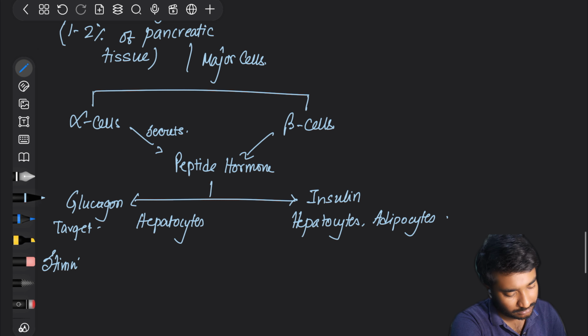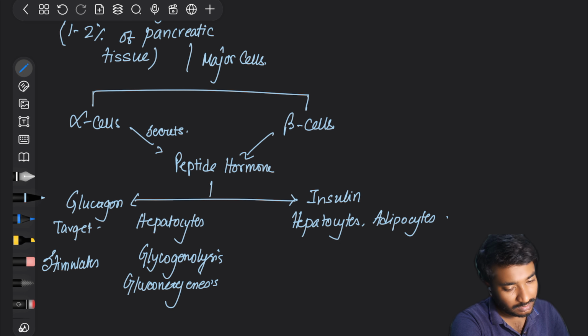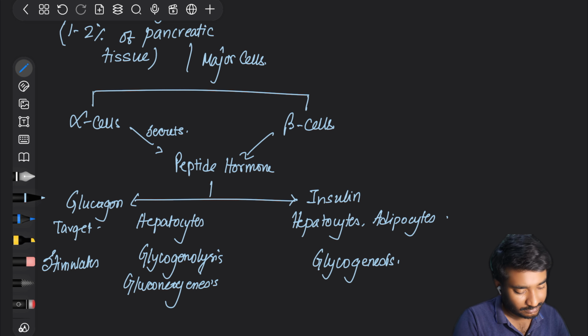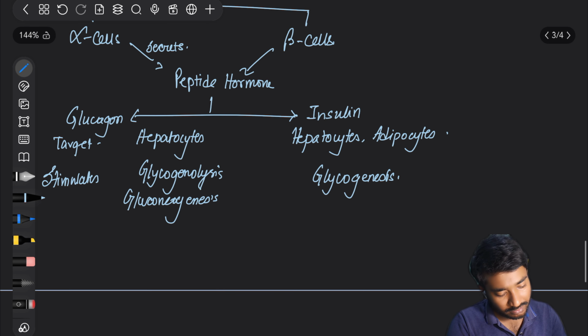Glucagon stimulates glycogenolysis and gluconeogenesis, while insulin stimulates glycogenesis. What does it affect in blood?